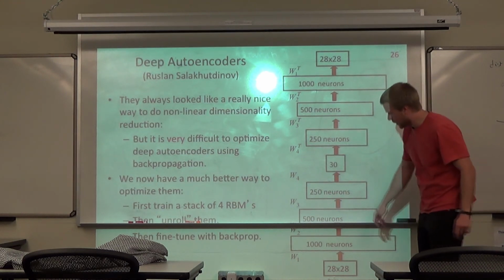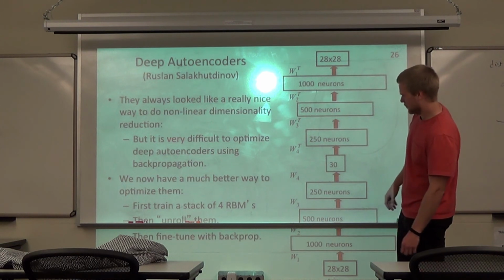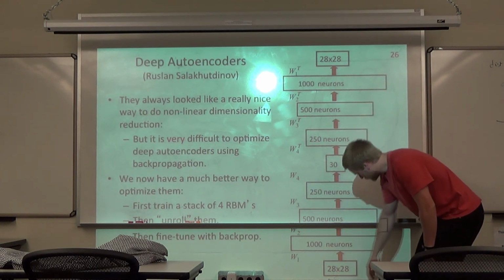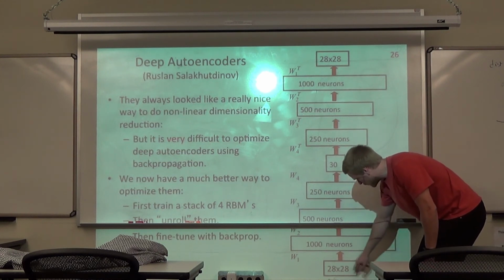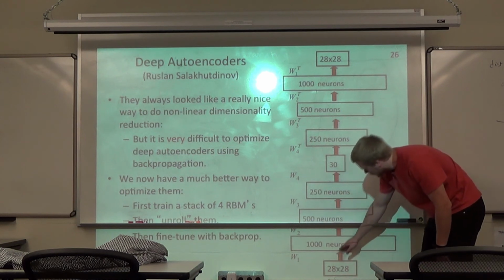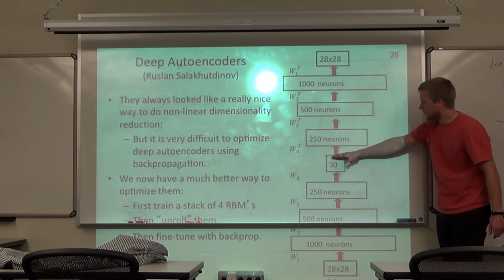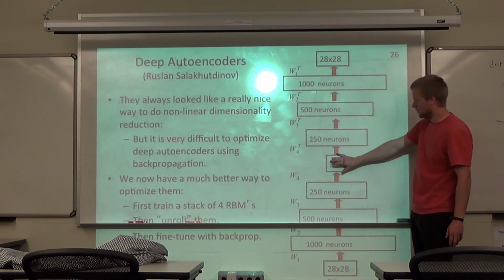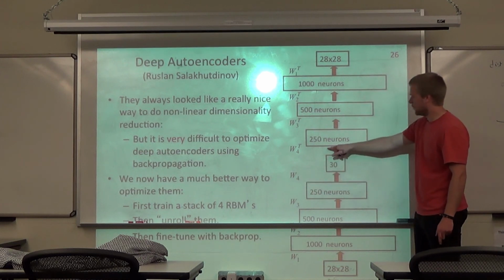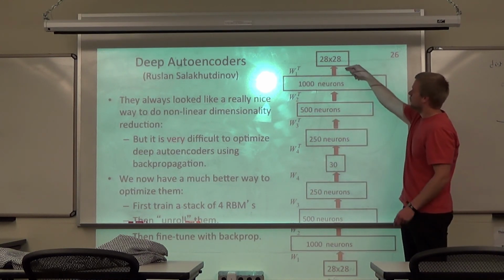So let's say that we have, I think this was the MNIST data set, which was what we used in the homework. The initial layer was 28 by 28, and the next layer there was 1,000 neurons. They learned basically this deep belief network right here. And then what you do to make this autoencoder is you take the weights that are right here and put them right here, and the weights that are right here, and so forth.